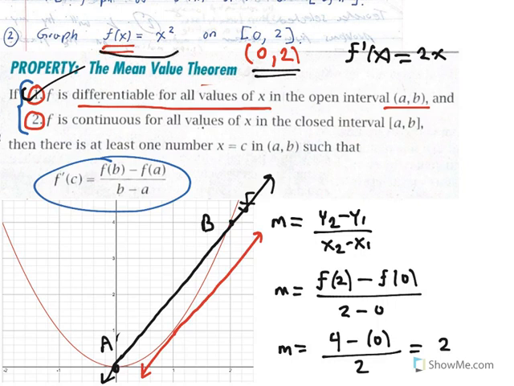And if we know that the function f is continuous for all values of x in the closed interval from a to b, that would be the closed interval from 0 to 2 for us. And f of x is a polynomial function, which is continuous at all real numbers. So this condition is also satisfied for the function f on the closed interval from 0 to 2.